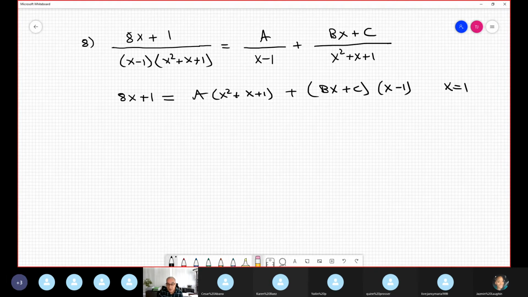It's the only smart value. Remember, the smart value is the value that when you plug it in makes something 0. So a times 1 squared, which is 1, plus 1 plus 1 is 3. And this other part is 0, because 1 minus 1 is 0. Therefore, a is 3. I get the first part.